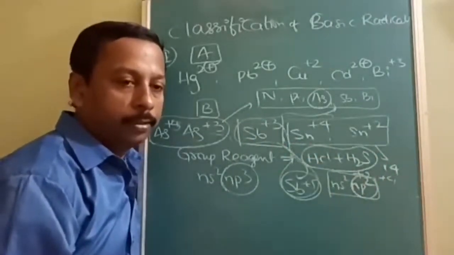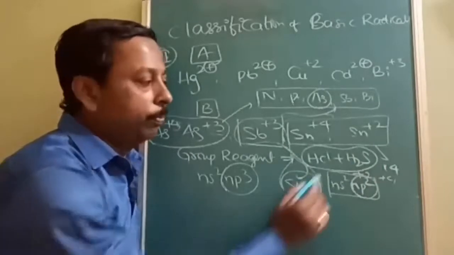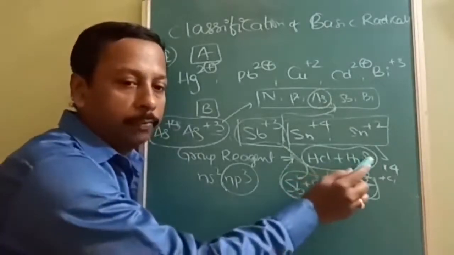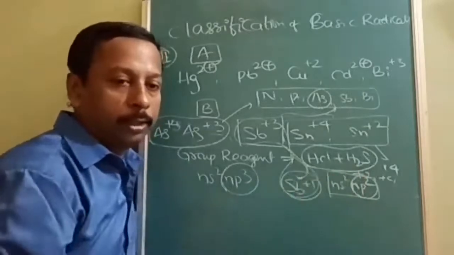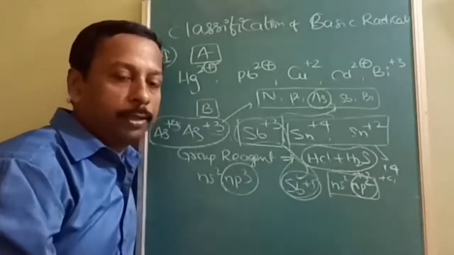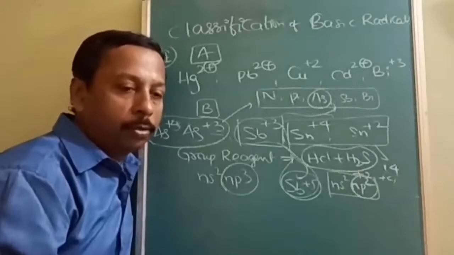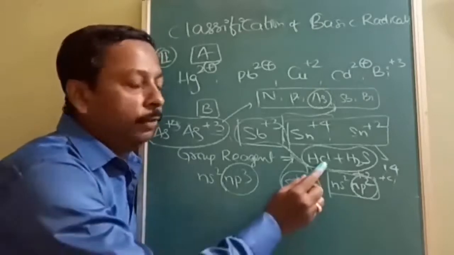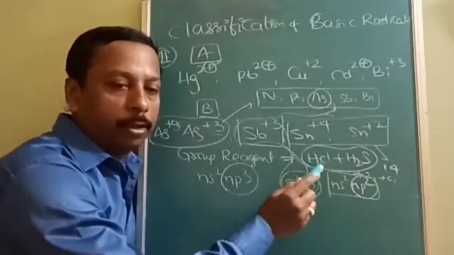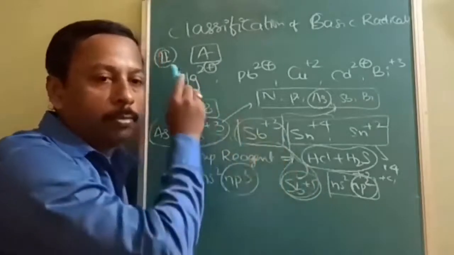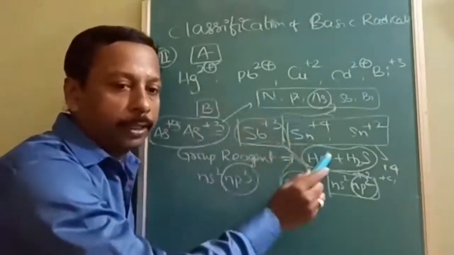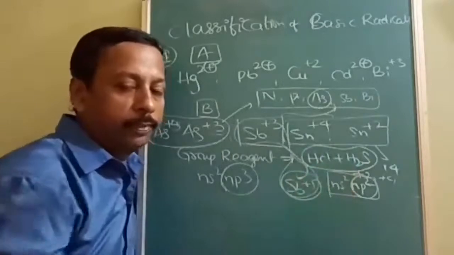For the first group we add HCl, followed by H2S. First we add HCl. If there is no reaction, no output in the HCl step, that means it does not belong to the first group. Then we come to the second group, where HCl will be further added with H2S.